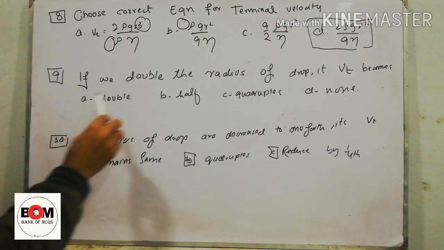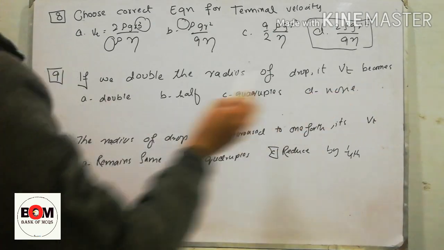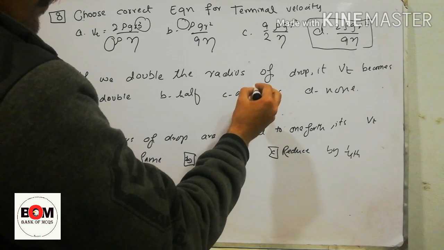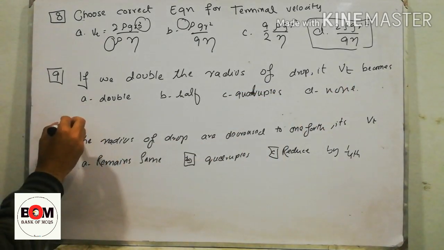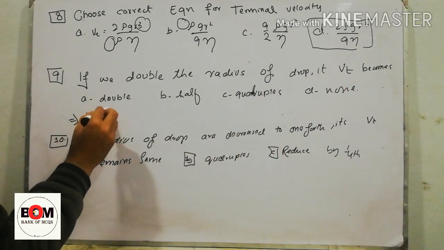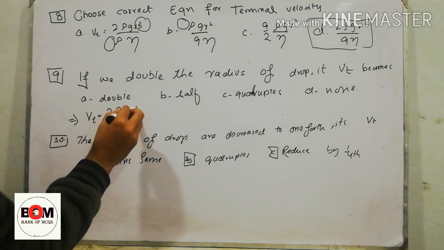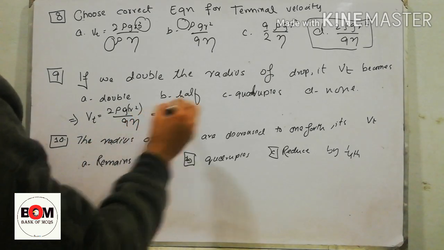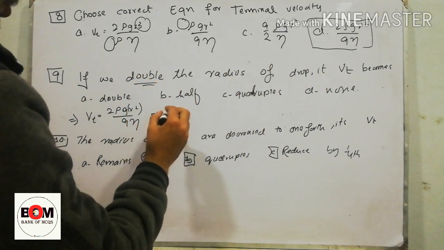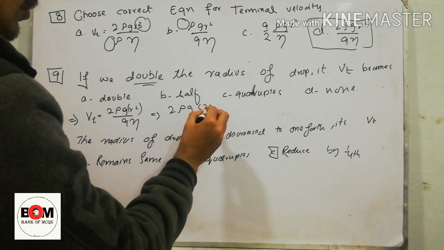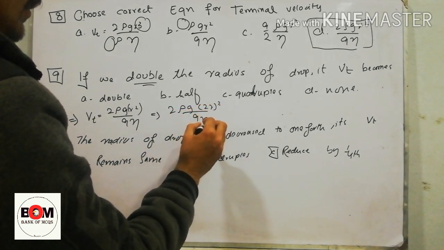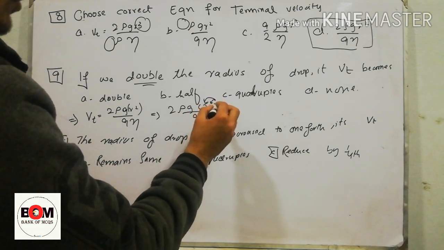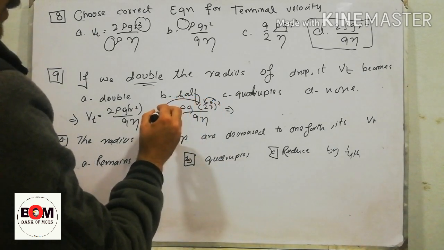MCQ number 9: if we double the radius of the drop, its Vt becomes double, half, quadruples, or none of these. So we know that Vt is equal to 2ρgr² divided by 9η. Putting 2r here, 2ρg(2r)² divided by 9η. So the square is on 2 and on r. Two 2s are 4, and we write 4 in front.